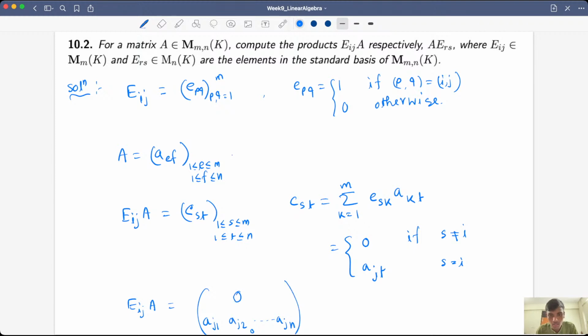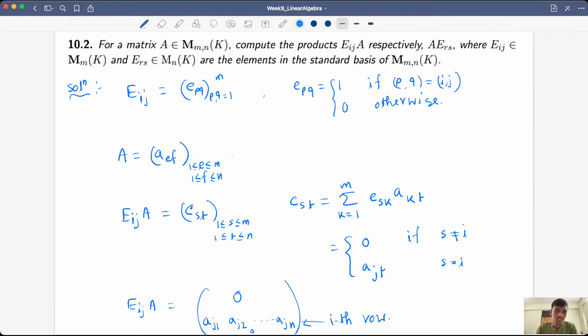So when you multiply by these elementary matrices on the left, you actually get the jth row of the A matrix placed as the ith row, right? So that's what you are getting.